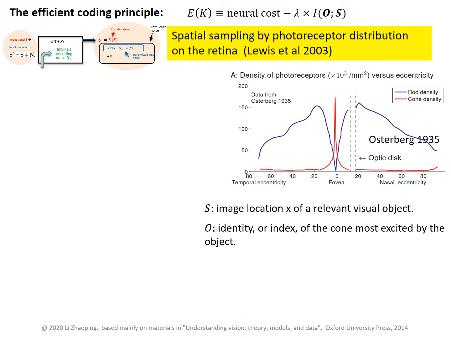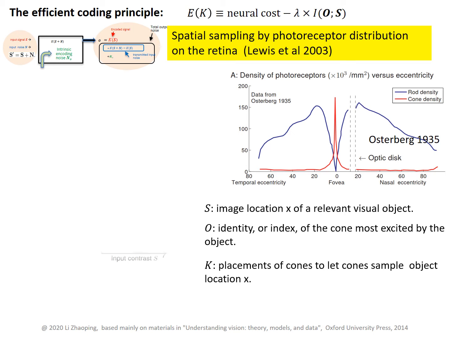And so this cone reports where the object is. So when it's excited, it says the object is right here where it is, yeah? And our K is our design of where to place these cones on the retina to sample the object location X. And let's again consider the low input noise situation so that the image location on the retina is very clear. That means we again need to use maximum entropy coding.